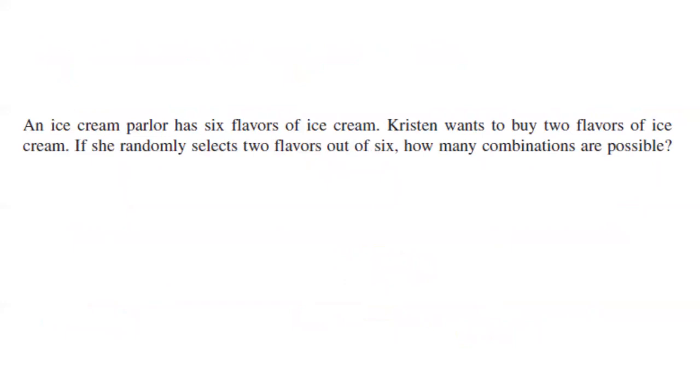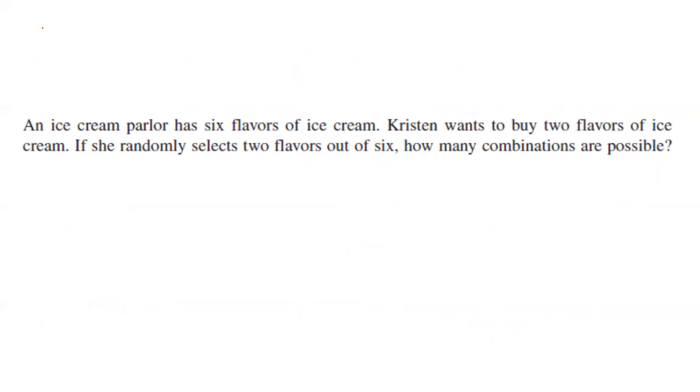The first example. An ice cream parlor has 6 flavors of ice cream. Christian wants to buy 2 flavors of ice cream. If he randomly selects 2 flavors out of 6, how many combinations are possible?